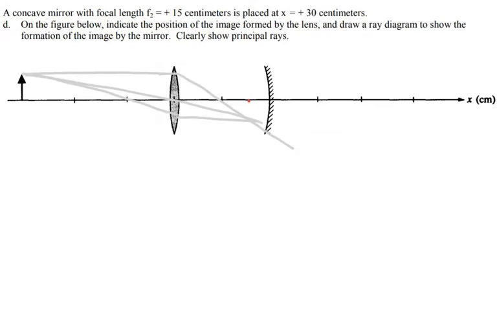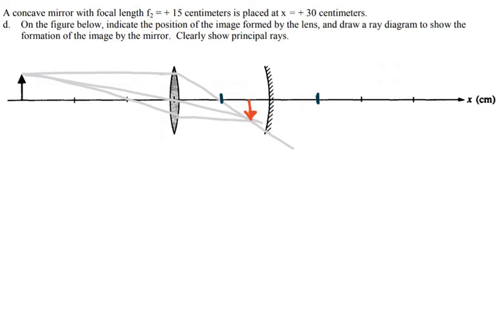Here I have the image formed by the first lens. Now I have to do the rays for the mirror. The mirror has a focal length of 15 centimeters, and it is 30 centimeters away from the lens. For the ray diagrams, I follow the same rules.